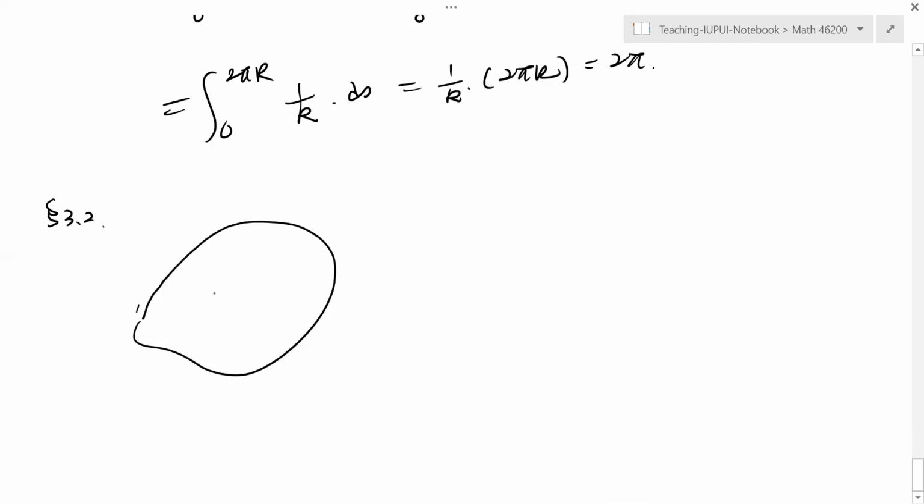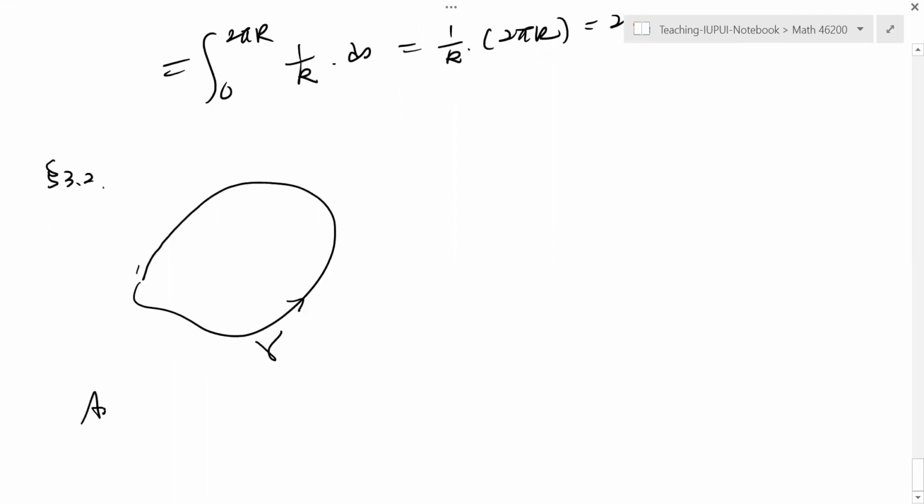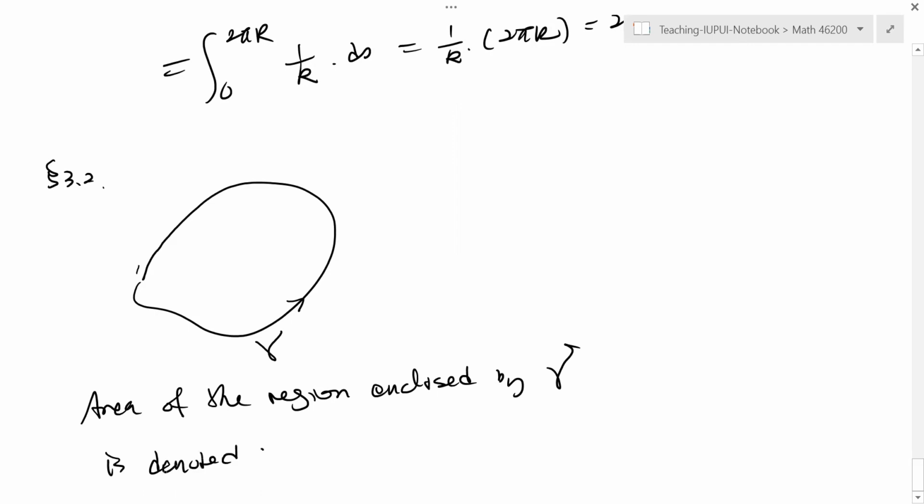So this is gamma. The area of the interior region enclosed by gamma is denoted by A gamma, okay?